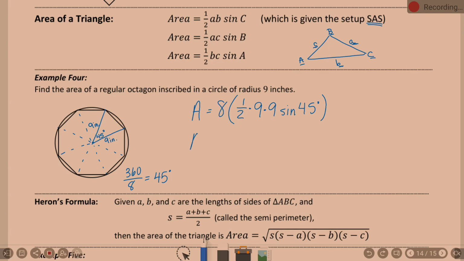Folks, let the calculator do the work for you here. Mine is listed as a whole number answer in this particular problem.